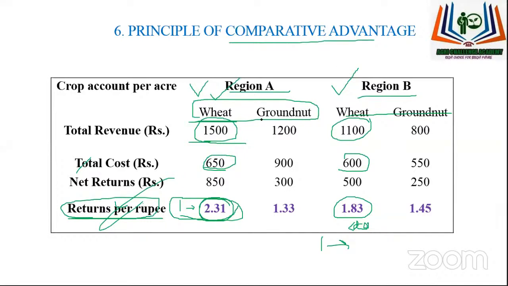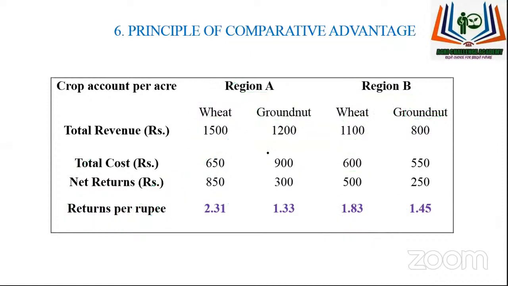In groundnut, region B is better: in region A, 1 rupee of investment gives 1.13, in region B, 1 rupee gives 1.45. Remember, I am once again explaining absolute advantage and comparative advantage. For wheat and groundnut, two different regions are taken, this is Andhra, this is Tamil Nadu.